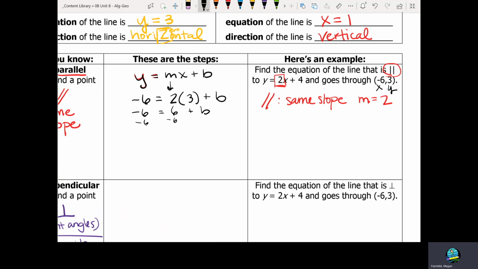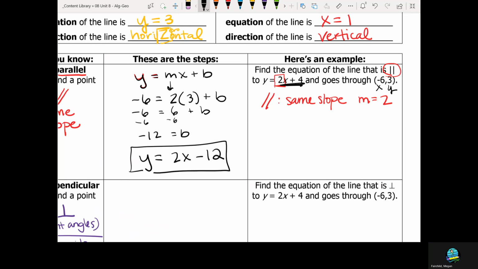Subtract 6 from both sides, you actually get -12 equals b. So y equals 2x minus 12 would be the equation of a line that is parallel to y equals 2x plus 4 and goes through that point that they gave us.